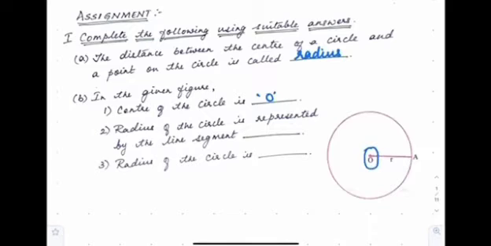See, this is the line segment we are talking about, that is from O to A. So, OA is the line segment. A line segment is represented like this, correct? The radius of the circle is represented by the letter R. I hope all of you have understood. Shall we move on?